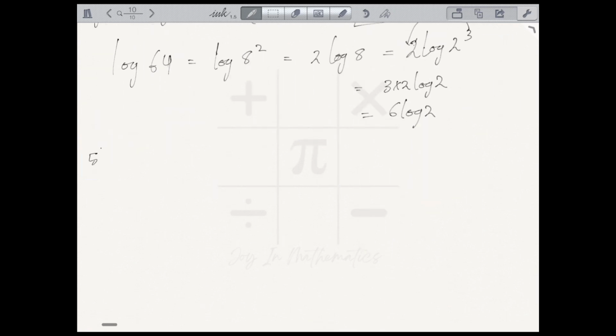Okay, so with that established, let's take another example in this format. We have log 81 to base 3. Now 81 is equal to 9 raised to the power 2, so we can start with that, and 81 can also be written as 3 raised to the power 4. So let's start with 9 raised to the power 2 to establish understanding. So this will be log 9 raised to the power of 2 to base 3, and if we apply our power law here, this will become 2 log 9 to base 3.